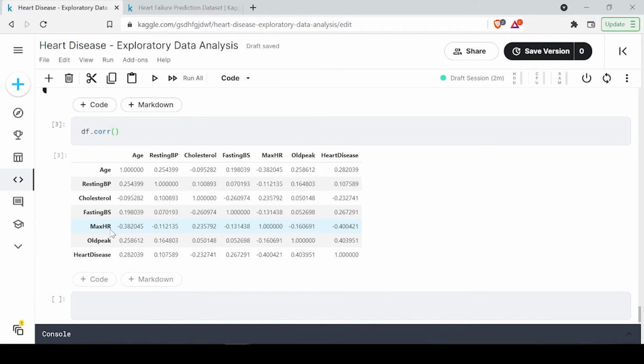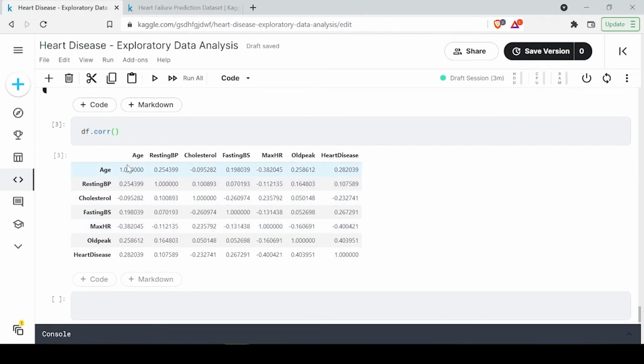This is the meaning of negative correlation. Closer to 0 means no correlation. Closer to -1 means fully negative correlation, meaning if age increases, max HR decreases. If max HR decreases, age increases. That is a negative correlation. Minus 0.38, that is why we have negative.